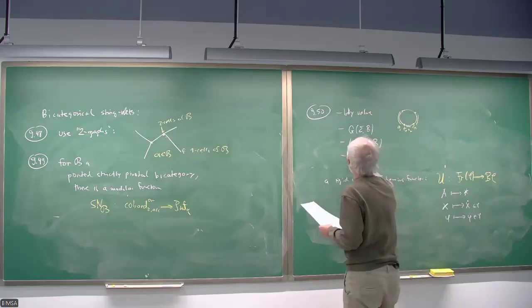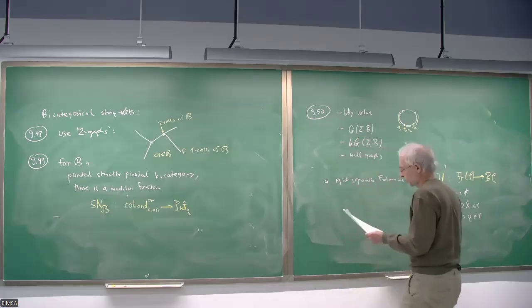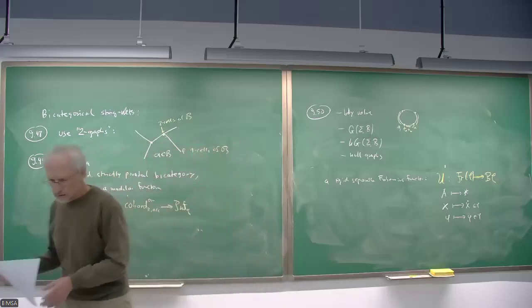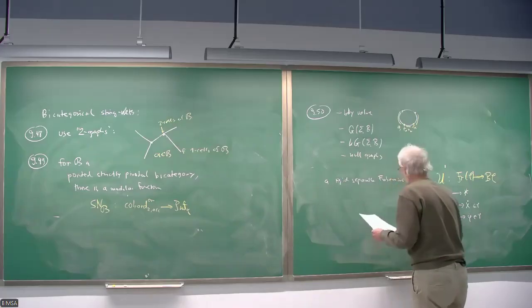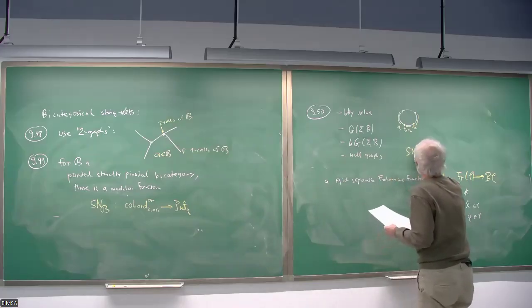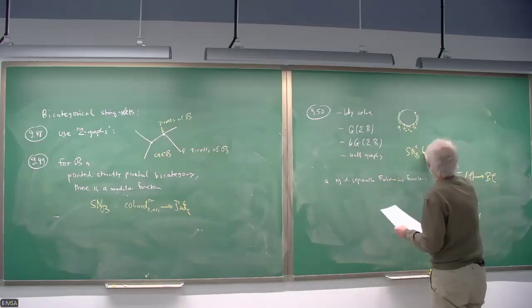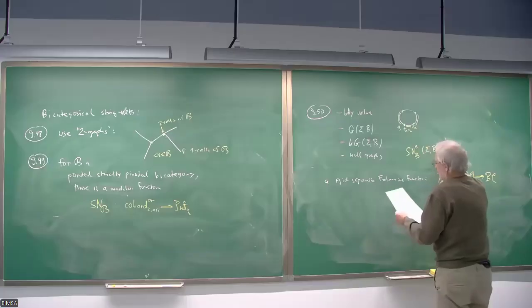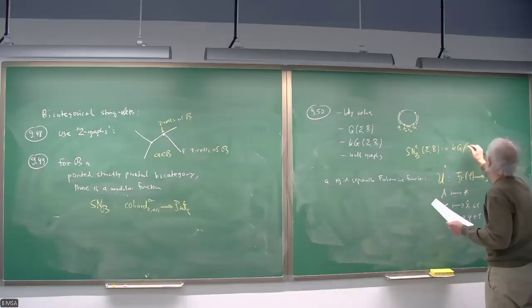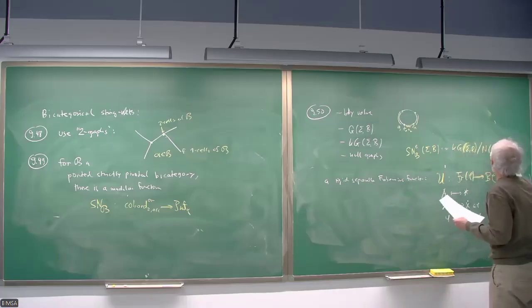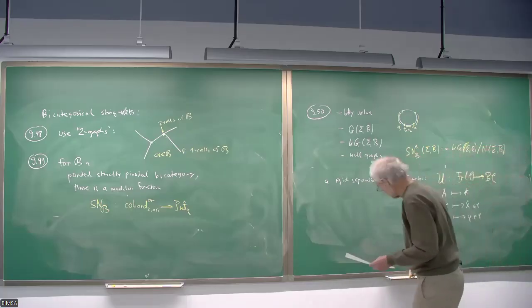And we can define the null graphs in the same way as before in the null space. And then we can define the stringnet space S_B(Σ, B) to be the corresponding quotient as before.